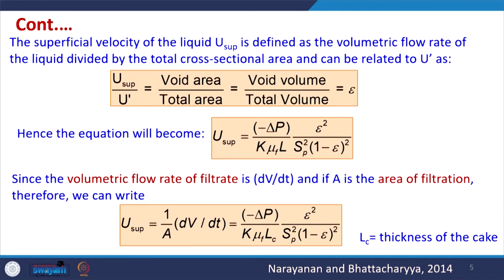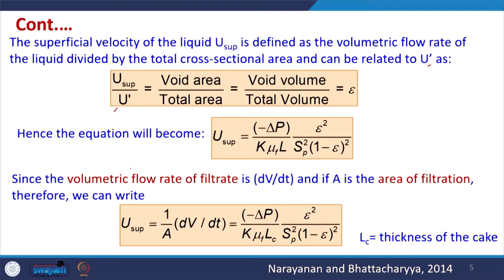Now, going further, the superficial velocity of the liquid, U superficial, is defined as the volumetric flow rate of the liquid divided by the total cross-sectional area, and it can be referred to as U dash. So, U dash is equal to void area divided by total area.